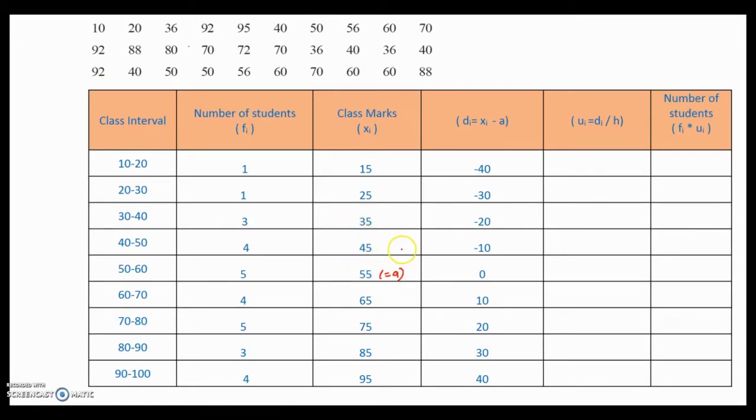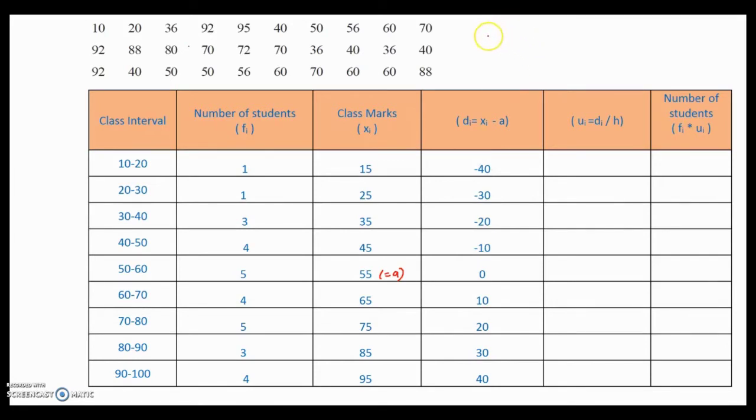So 45 minus 55 will give you minus 10, 35 minus 55 will give you minus 20. Now when we have got all these values, we can see a pattern that the di are all multiples of 10. You see 40, 30, 20, 10 and so on.